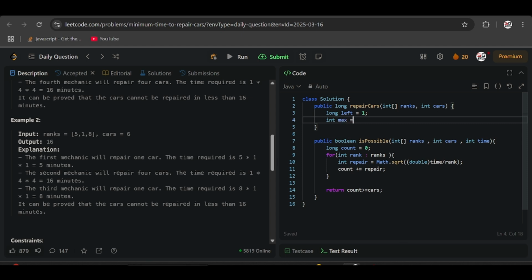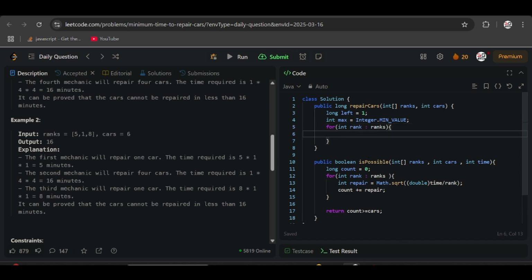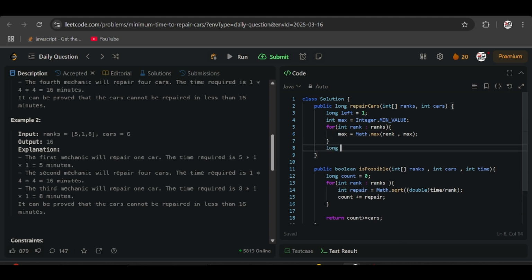Let's maintain a variable max and see what is the rank that is maximum. So we will assign max.max if that rank is maximum. Whatever is maximum at the end, put that into my right variable, which will be equal to max into cars into cars. That is the same we did here.